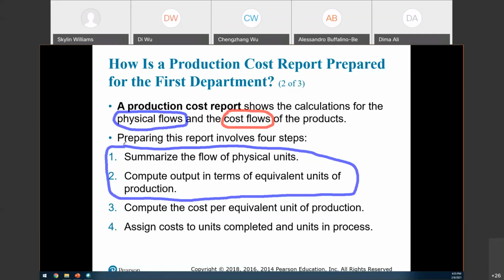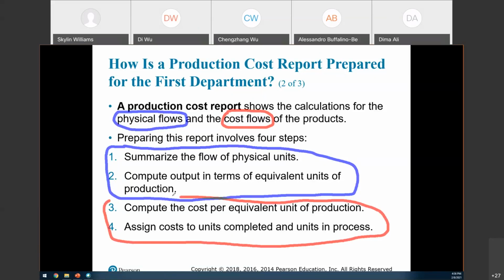So in other words, the first two steps in preparing a production cost report are about the physical flows. And thirdly, the third step and the fourth step are all about cost flows.